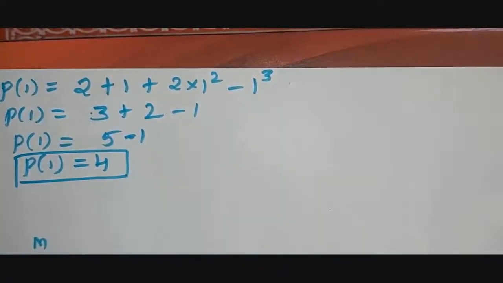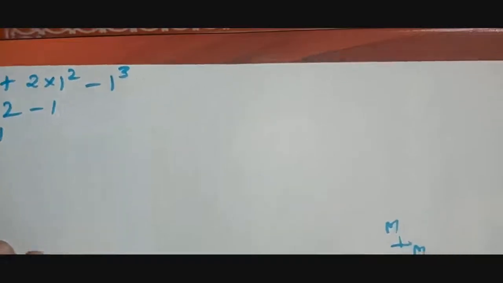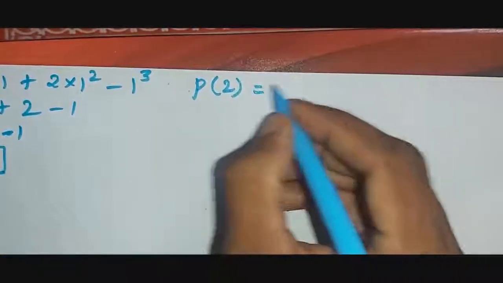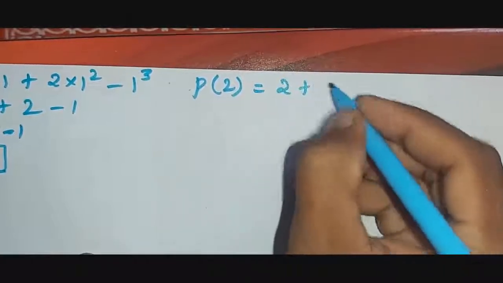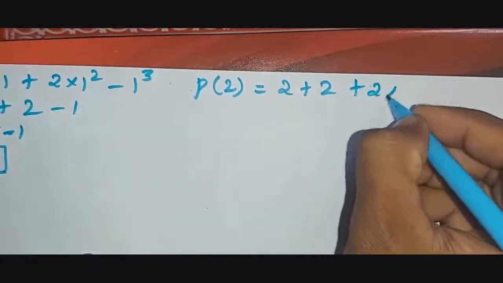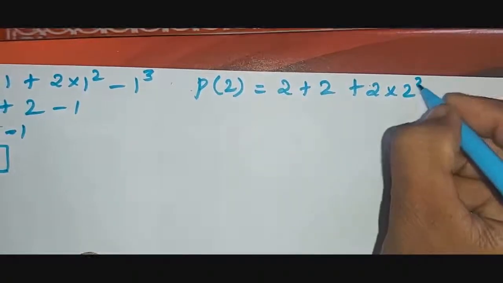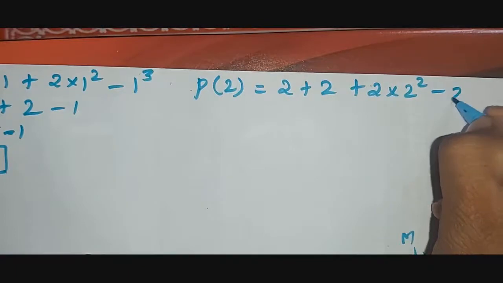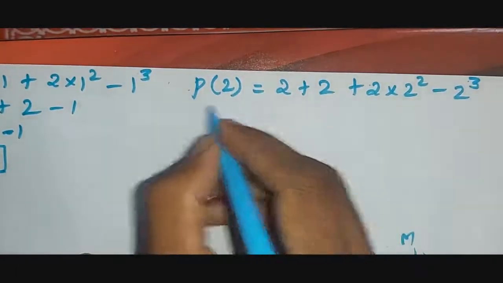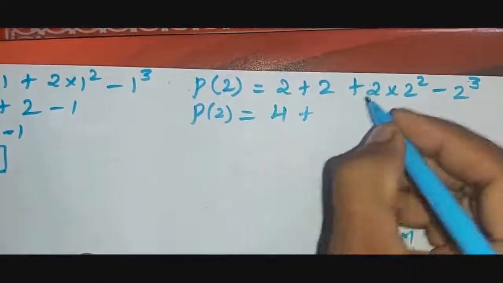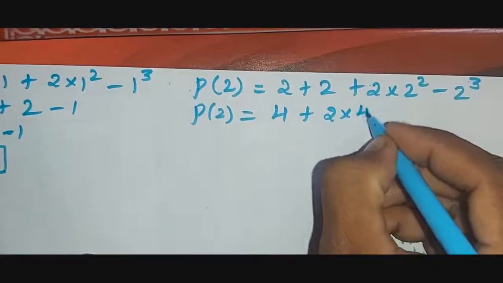Okay, same like that, P of 2. P of 2 is equal to 2 plus t, that is 2, plus 2 into t square means that is 2 square, minus, okay, and this is t cube means that is 2 cube. P of 2 is equal to 2 plus 2 is 4 plus 2 into 2 square is 4.